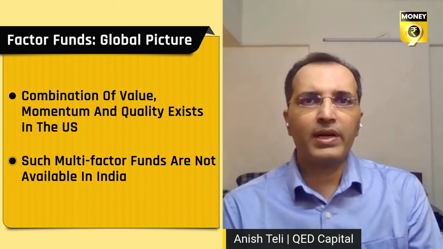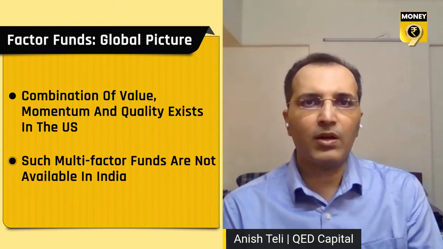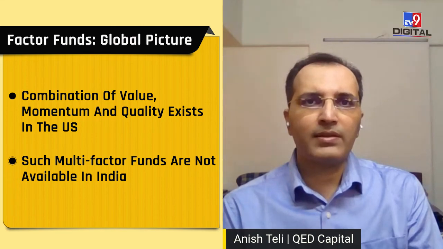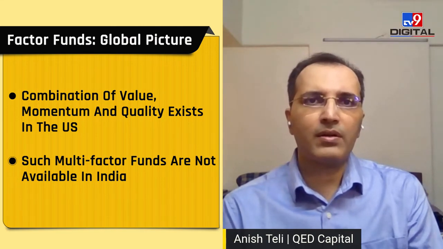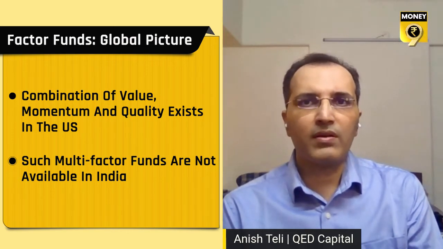So one could also look at these multi-factor funds. We don't have too many of those in India right now. We have a couple, like I said, alpha low volatility, but in Europe we have this combination which has also done fairly well. Because you have value and low volatility, sometimes in a very strong bull market they may underperform, but over a cycle they do much better, I would say.